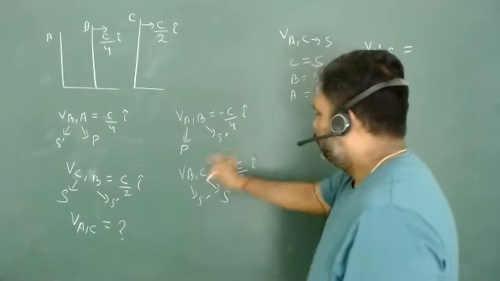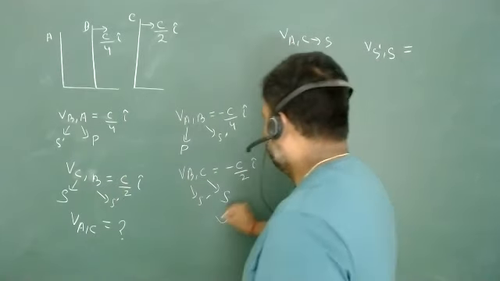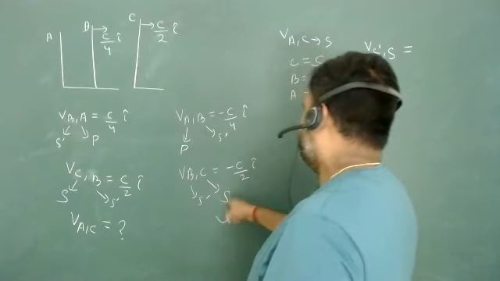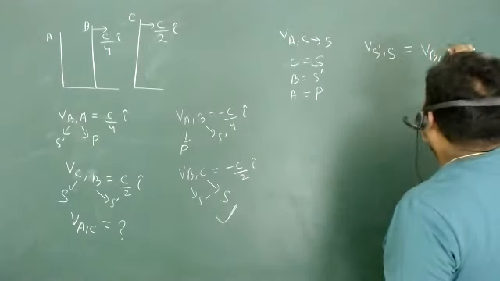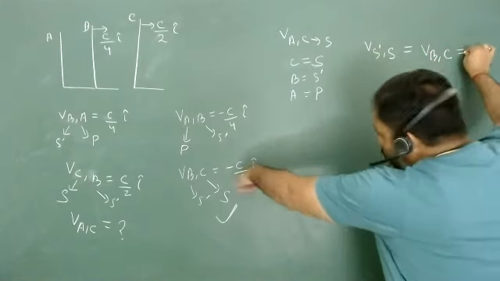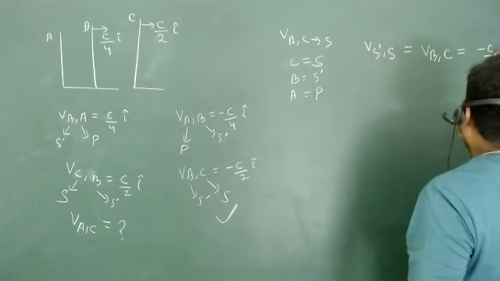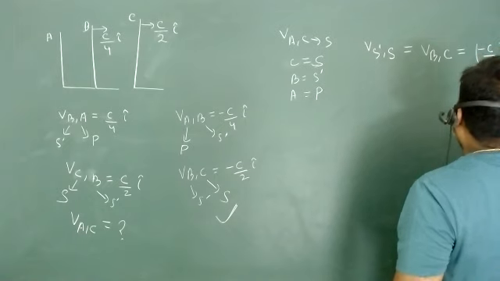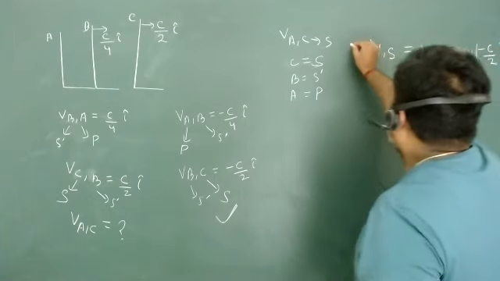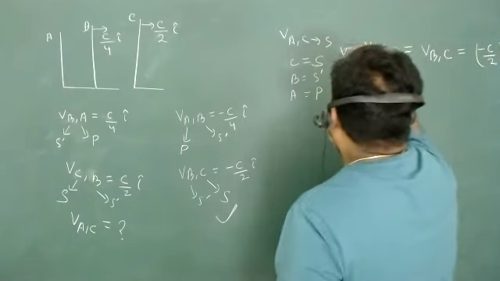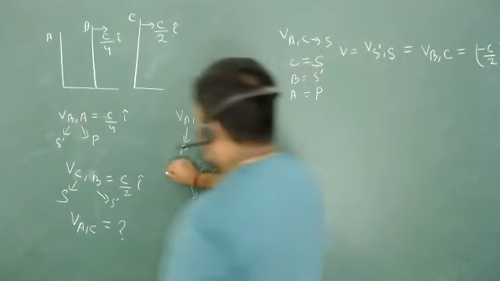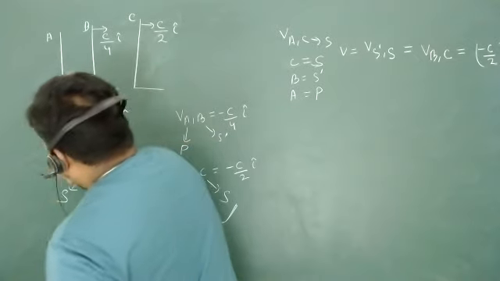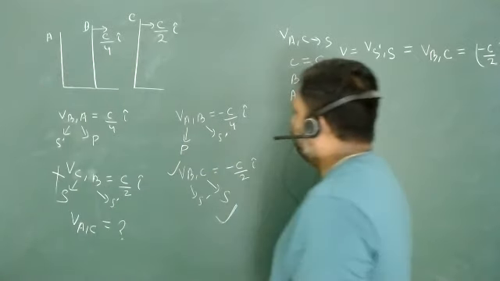This will just tell you velocity of S dash with respect to S. And this is velocity of B with respect to C. And I will use this minus sign, I cap direction, and this is nothing but V. Second thing, I have used this one, so obviously this is not useful for this particular problem.